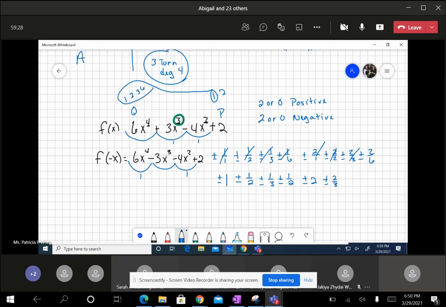Your degree. What's the degree of that polynomial? So your maximum number of solutions you can have, not that you will have. 2 of them will be positive or none of them will be positive. 2 of them will be negative or none of them will be negative. You're not absolutely going to have 4, but you possibly could have 4 solutions.